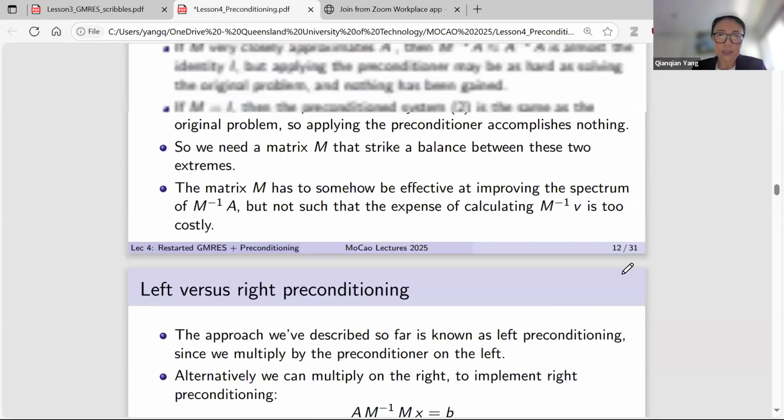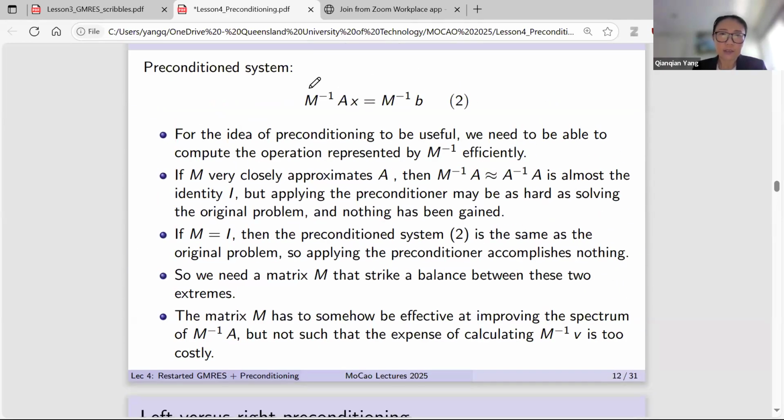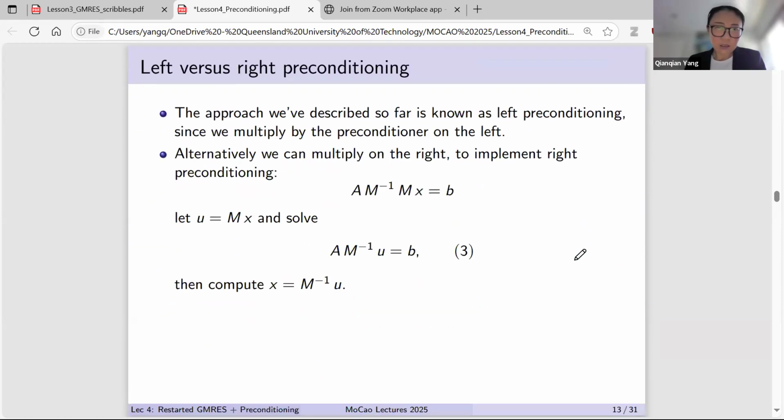The idea we described here is called left preconditioning. You multiply M inverse on the left of matrix A. On the other side, we can also multiply the preconditioner on the right, to implement right preconditioning. This time we have A M inverse times Mx = b, and we let u = Mx.